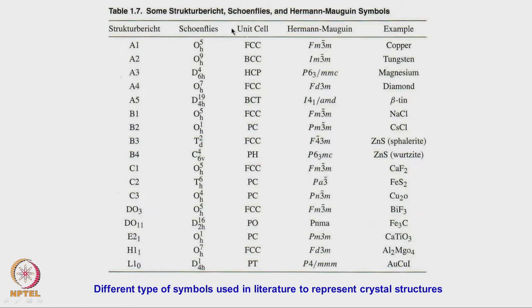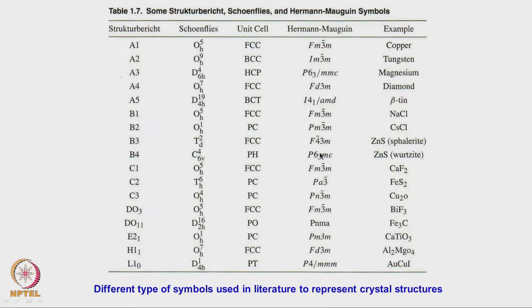Then the other way is to just use the unit cell, FCC, BCC; this type of nomenclature we also see. Then Hermann-Mauguin is the space group symbol which we will be noticing, and nowadays this is the one used as the standard symbol.